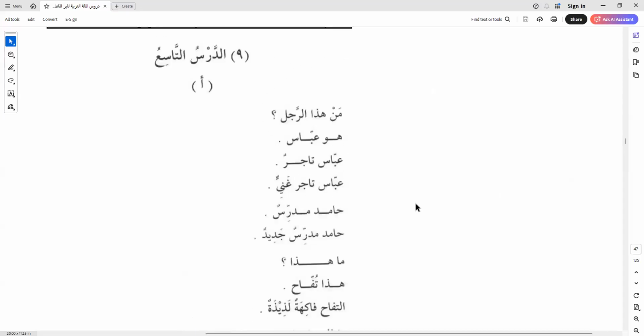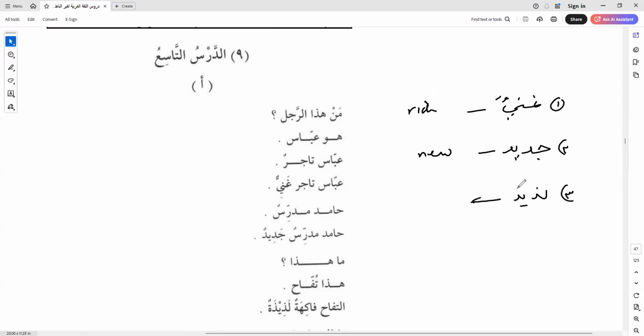Let's look at some of the important stuff that we get from here. We have the word ganiyun, rich, and then we have jadidun, new, and then we have lezizun. When something is leziz, we say it's delicious. And when you add lezizaton, it means it has become feminine.